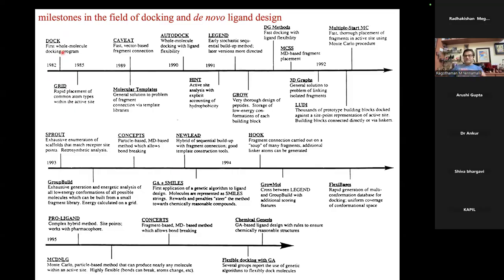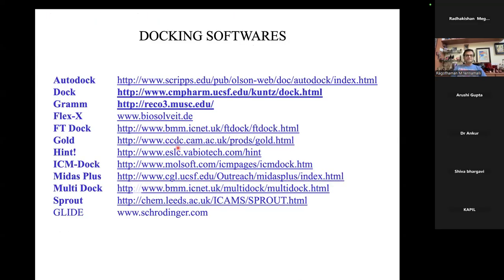But as the years went, memory chips became cheaper, storage became cheaper, and computational power increased. And we now have a whole gamut of tools that do a lot. And we have proprietary software from Schrodinger or GOLD or FlexX, which can do many new types of docking, or use much better approaches.